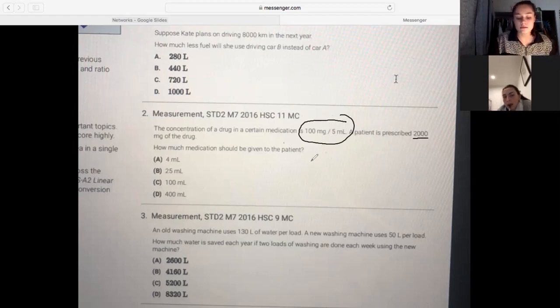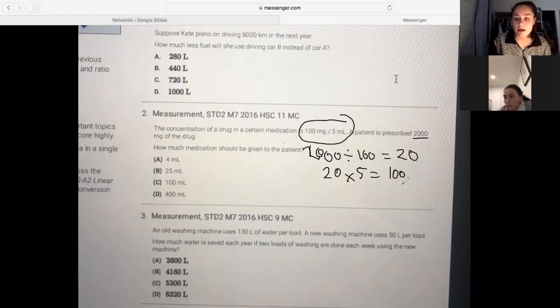So 2,000 divided by 100, because that will give us how many milligrams we need in terms of the concentration. So we got 20, and then we times 20 by 5 to get 100. And that will be our answer, 100.